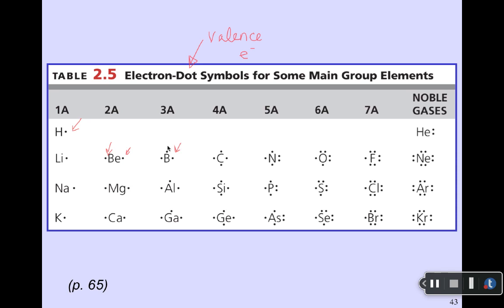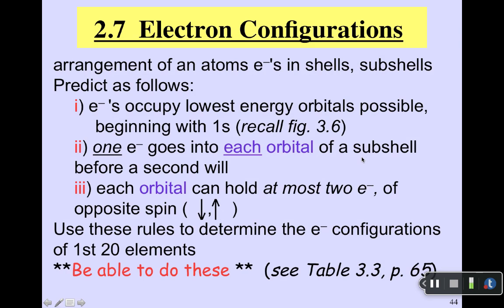Group 3A, boron, aluminum, gallium, will have 3 dots for their 3 valence electrons, and so on, all the way up to the full set of 8 dots around the element symbol for the noble gases. These are all called a full octet. For the noble gases after neon, helium can't have that many electrons. So the electron dot numbers correspond to the valence electrons. Not hard to do.